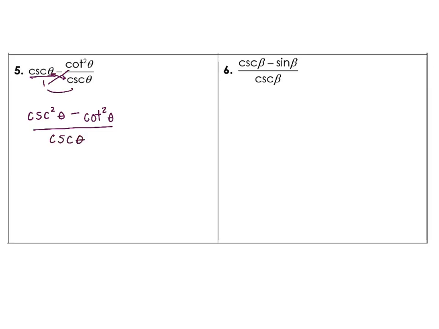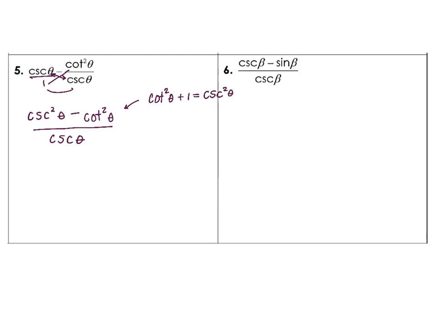Okay, now we go back and look at our Pythagorean identities. On the numerator, we know that cotangent squared theta plus 1 is equal to cosecant squared theta.